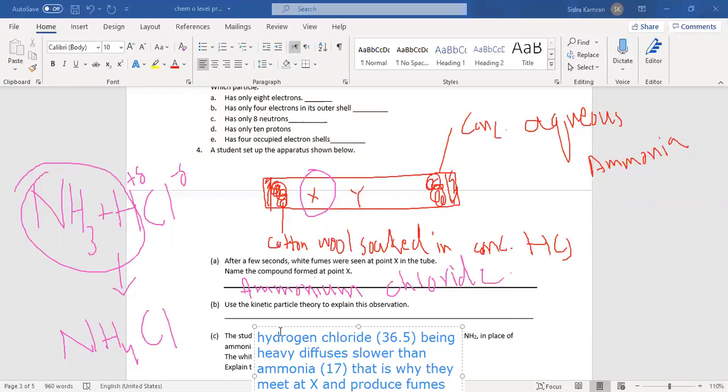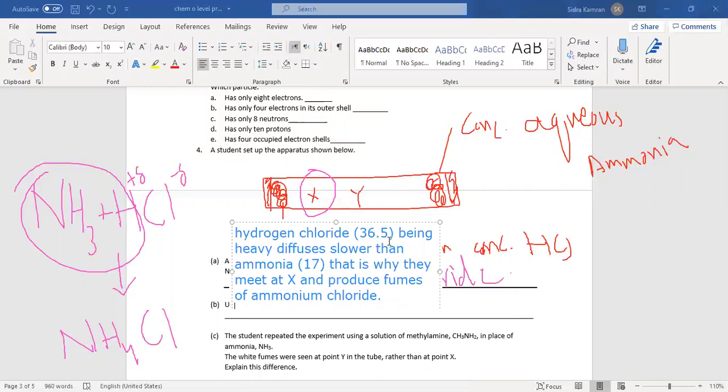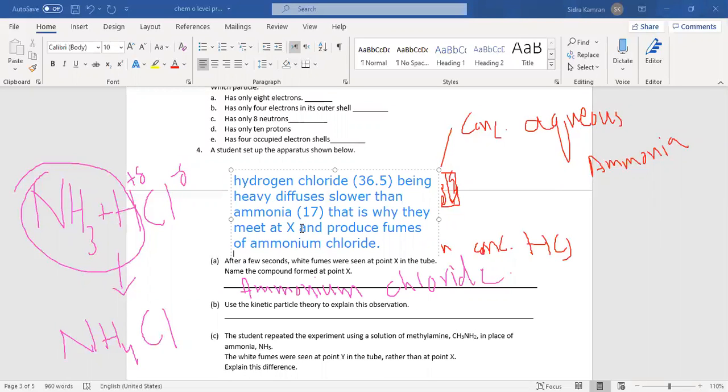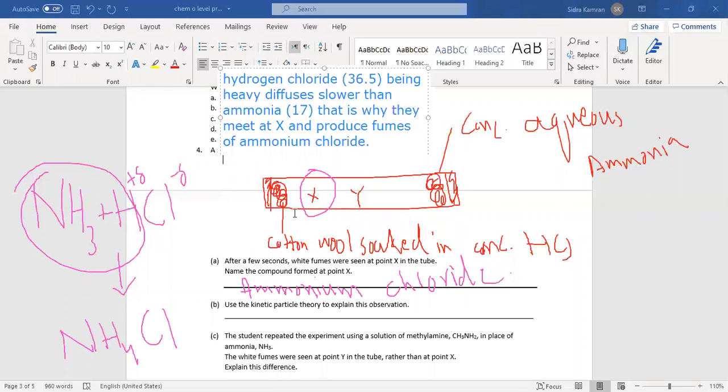So this will be the answer for part B. Hydrogen chloride 36.5, relative atomic mass being heavy, diffuses slower than ammonia. Ammonia having less relative atomic mass than hydrogen chloride. That is why they meet at X and produce fumes of ammonium chloride. So HCl having relative atomic mass that is very low, so it will meet at X.